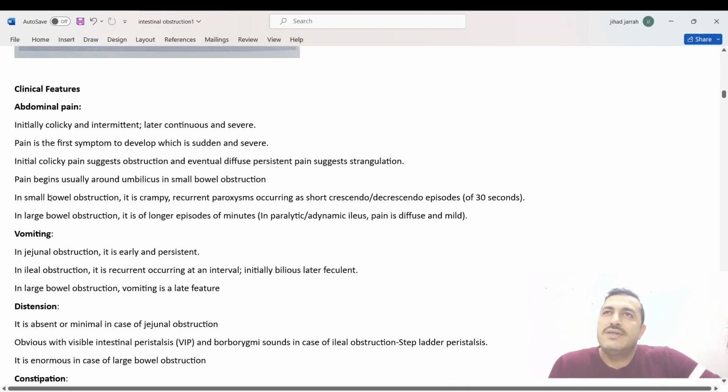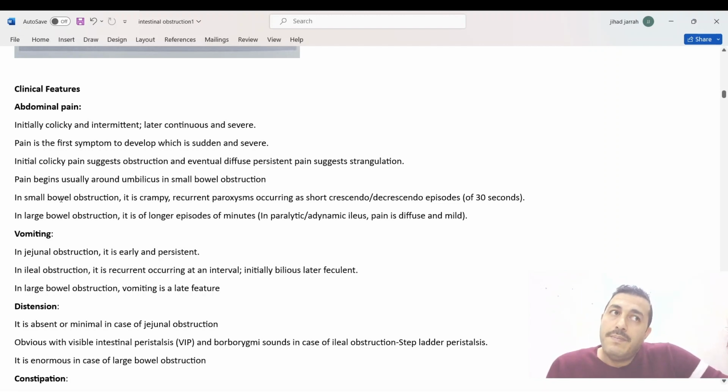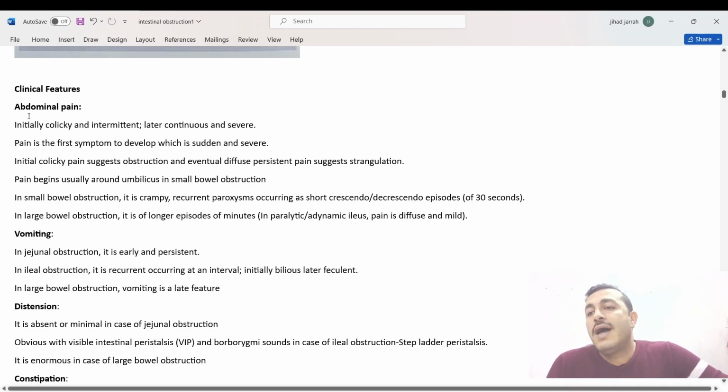About the clinical features, you can remember we said the more upper the GI obstruction, the more likely to have vomiting, and the more distal, the more likely to have distension and constipation. So clinical features: abdominal pain. Initially it's colicky and intermittent, and later on the bowel gets fatigued, and the pain becomes continuous and severe.